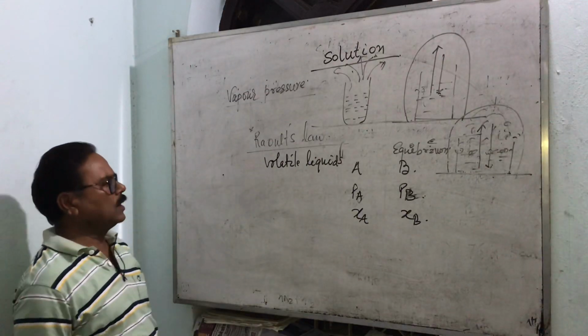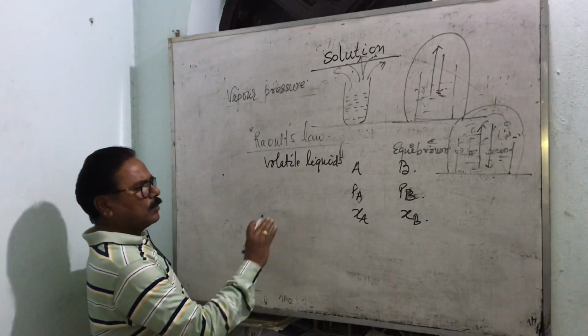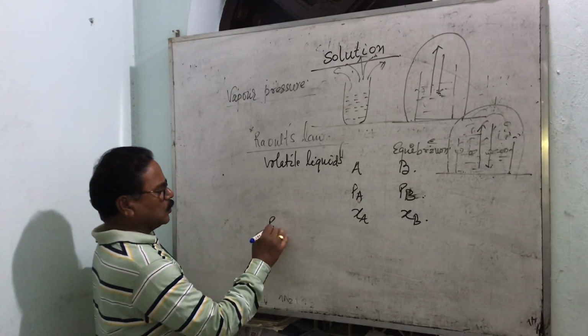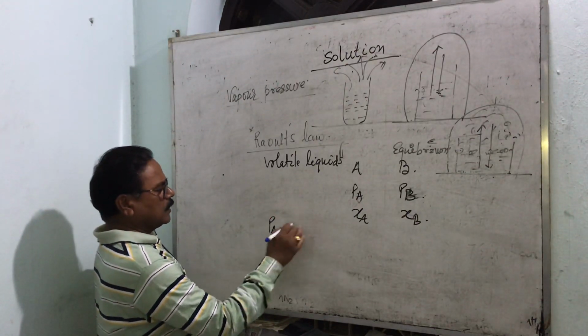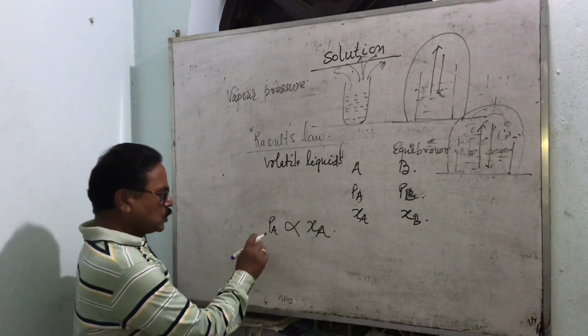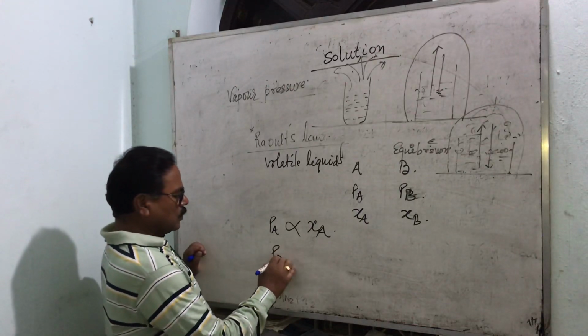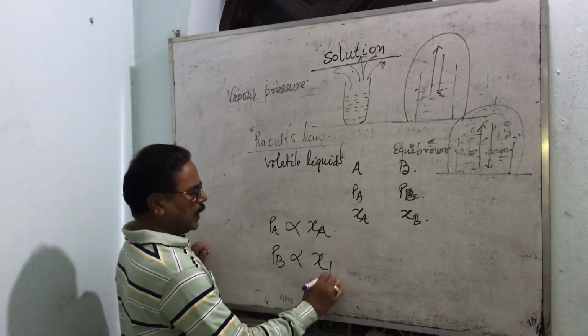According to Raoult's law, the vapor pressure of each liquid is directly proportional to the mole fraction of the liquid. So PA is directly proportional to XA and PB is also directly proportional to XB.